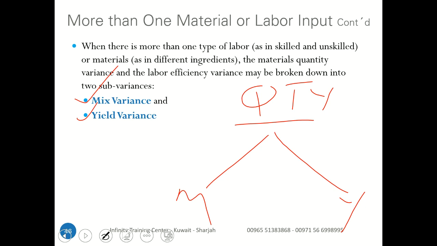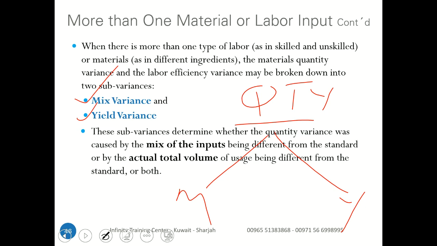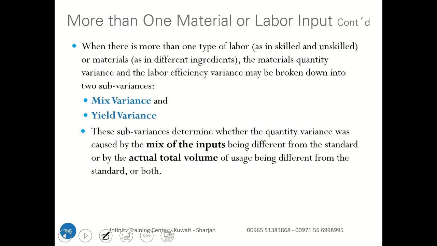That is what yield variance is. So we will see the example in the coming slides. So these sub-variances determine whether the quantity variance was caused by the mix of the inputs being different from the standard, or the actual total volume usage being different from the standard, or maybe because of both.